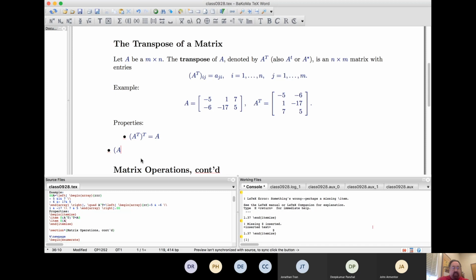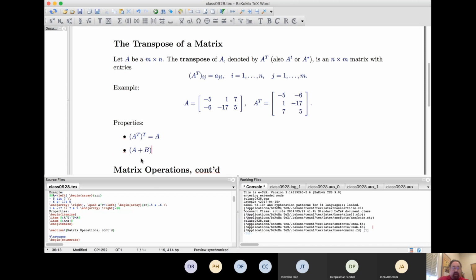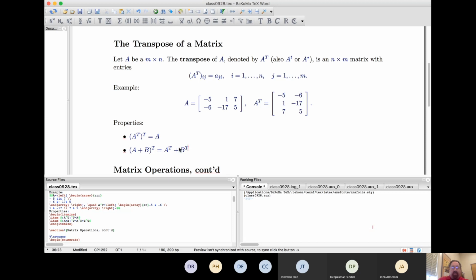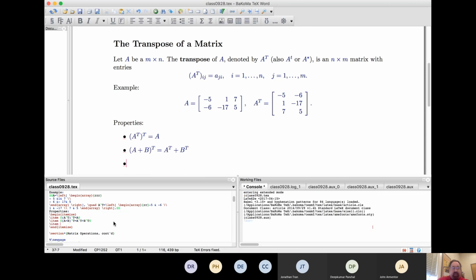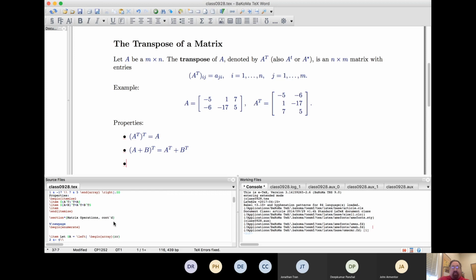Next, the transpose of a sum of matrices is just the sum of the transposes. So you can take the transposes individually and add them together. You have to be careful though with the transpose of a product.